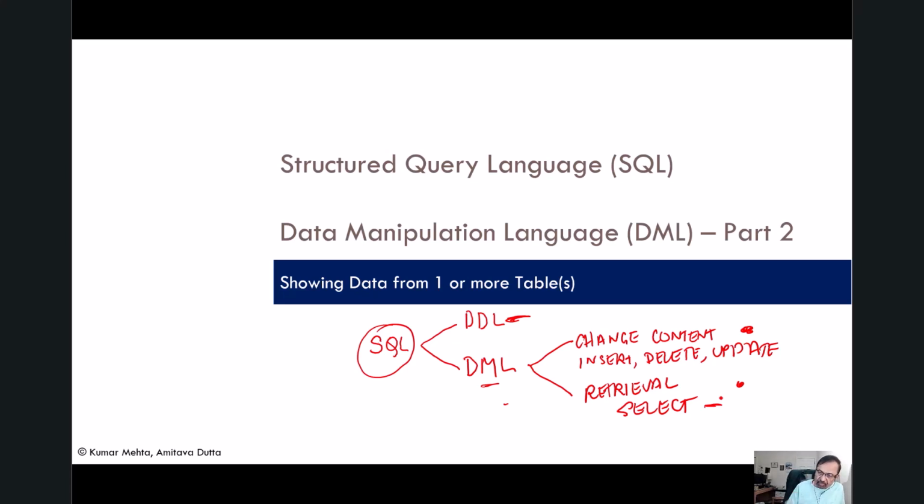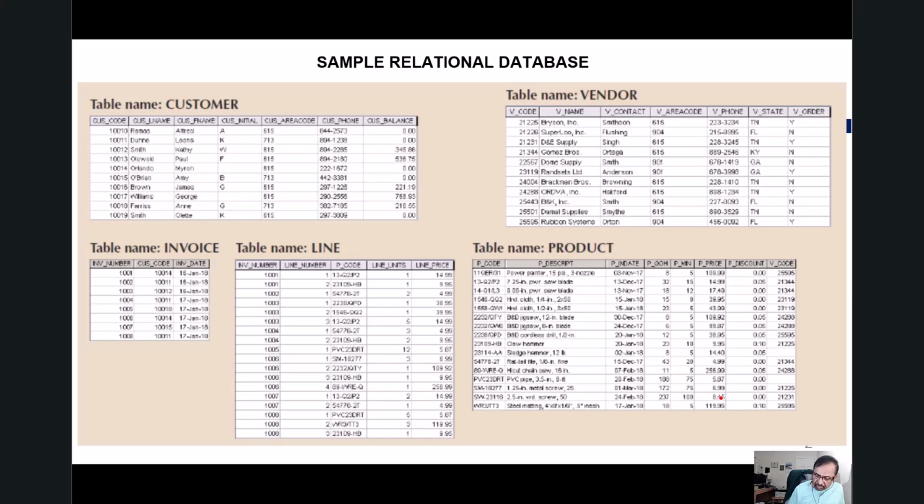The grammar can get involved. But before we get into the nitty-gritty of the syntax, let's first take a look at our good old vendor example and get a sense of what kinds of retrievals might occur in a database. What kinds of things might we be doing when we retrieve information from the database?